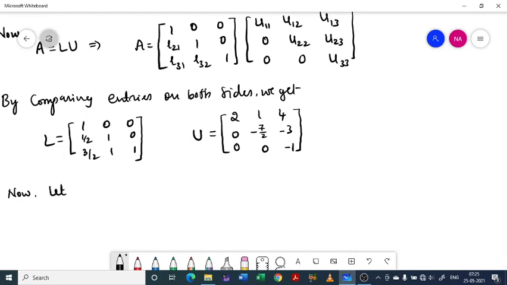Now let Ux equal to y, where y equal to [y1 y2 y3] transpose.